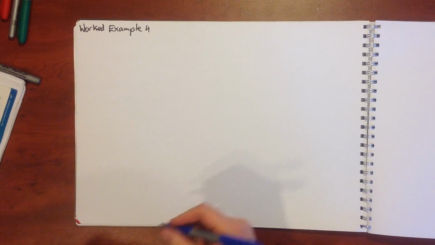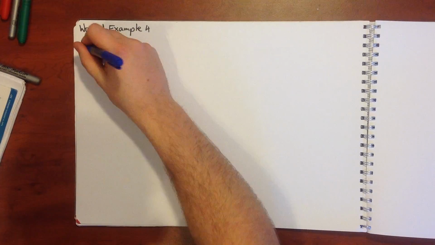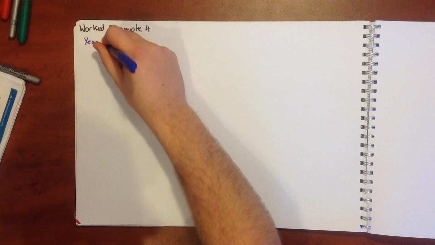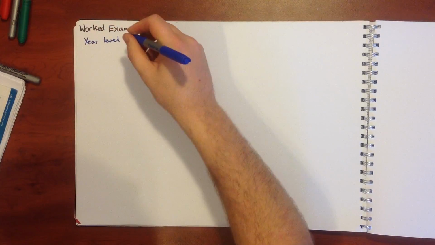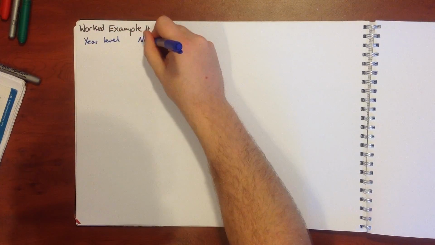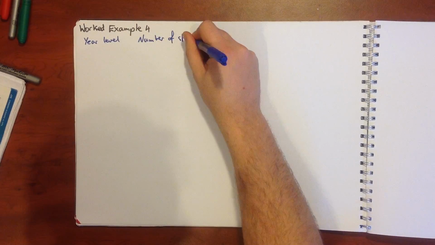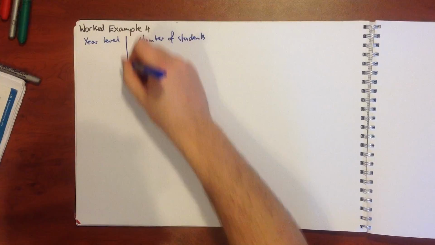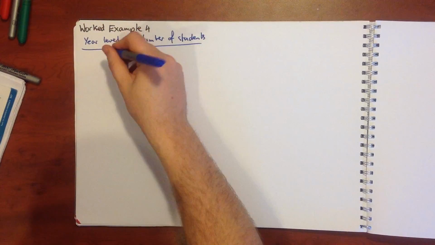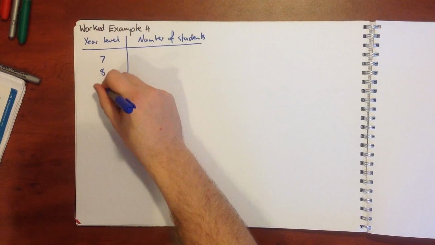Okay, work example 4. A survey is to be conducted in a middle school that has the distribution detailed in the table below. So our table is year level and number of students. Our year levels are 7, 8, and 9.